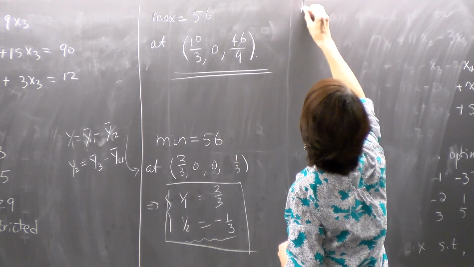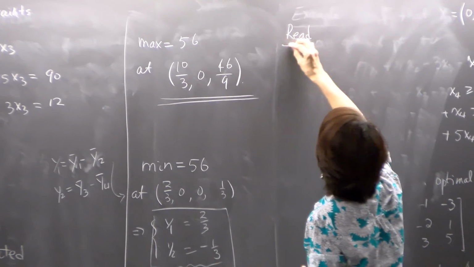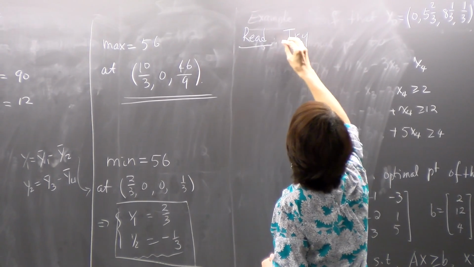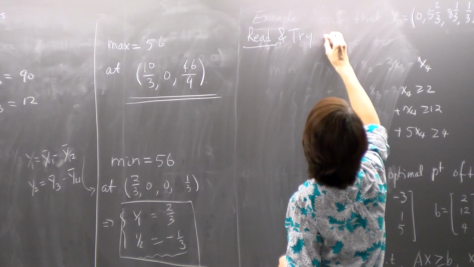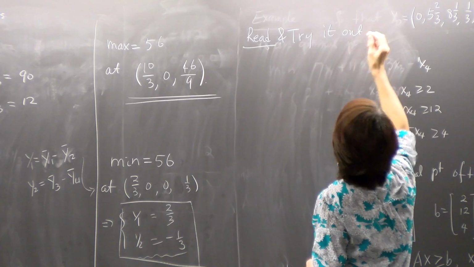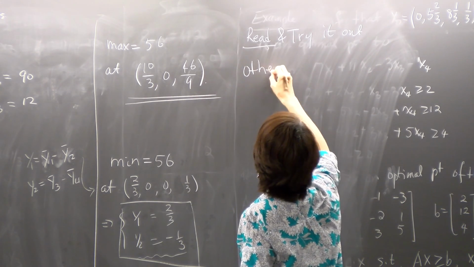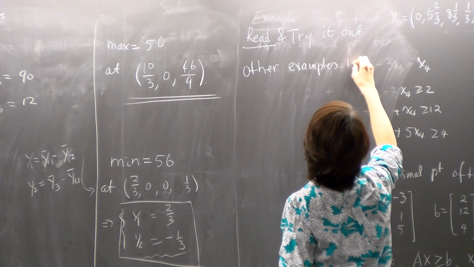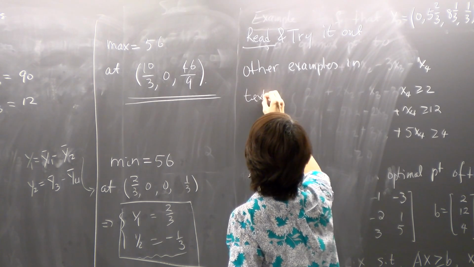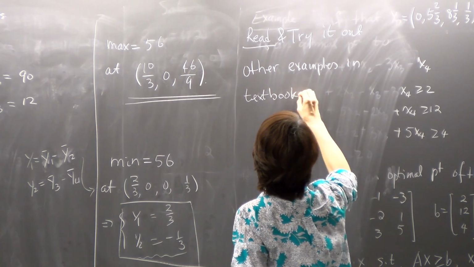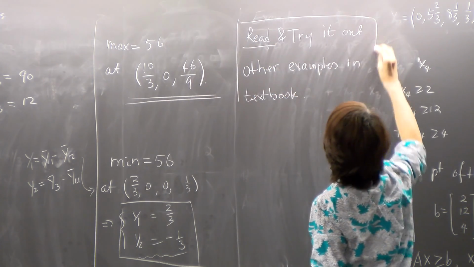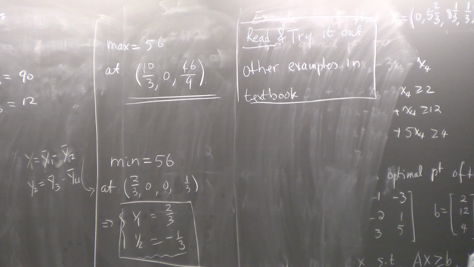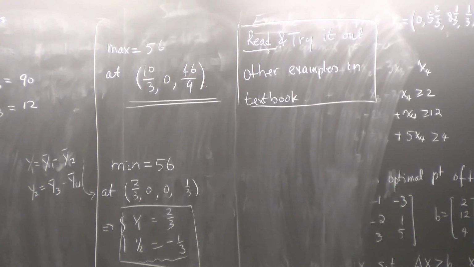Read and try out the other examples in the textbook. So get yourself very, very comfortable with this and with very sharp eyesight and spot these connections. Okay? Right. Let me stop here.